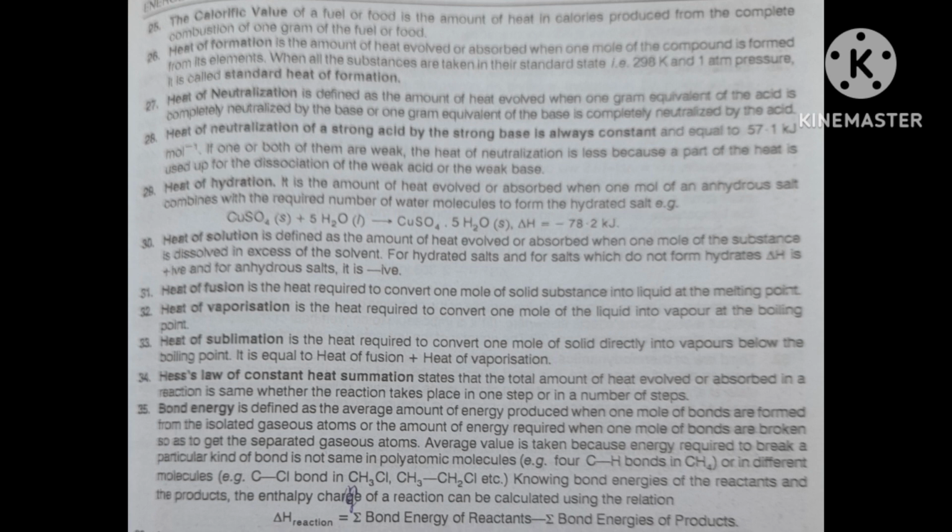Average value is taken because energy required to break a particular kind of bond is not the same in polyatomic molecules. As for example, in methane, CH4, 4 CH bonds are there. Then if you want to break all 4 bonds, each bond will not give the same energy.